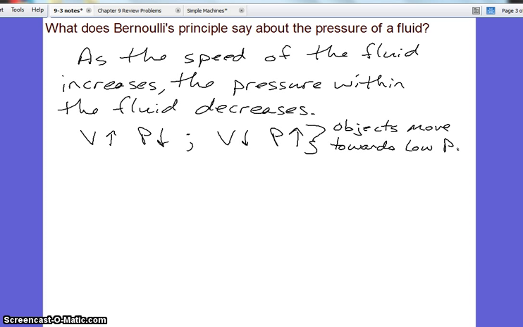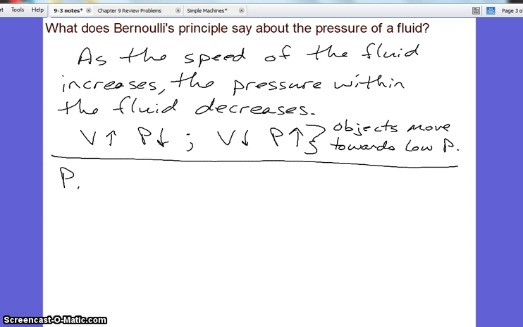In other words, they move towards a faster moving fluid. That's why with tornadoes that are moving fast, objects move towards the tornado. Windows blow out of a house towards the tornado. A spray bottle, as you squeeze the trigger, the air moves fast at the top of the nozzle, and the fluid moves up and towards the nozzle.